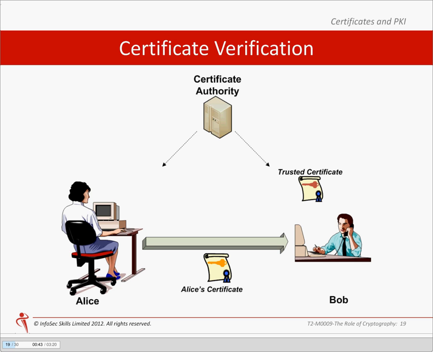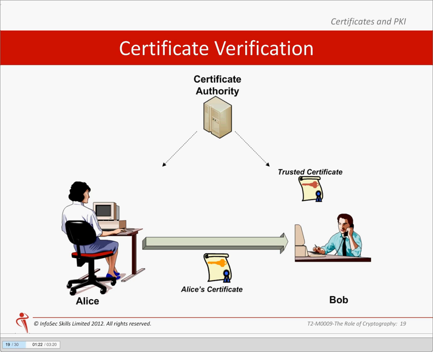The scenario we will go through is based on Alice wishing to send Bob a digitally signed message. So the processing is as follows. Bob obtains the CA's public key in the form of the CA's trusted certificate. Alice digitally signs a message that she wishes to send to Bob using her private key. She sends Bob the message, the digital signature of the message, and also her public certificate, which, as we know, is mathematically linked to the private key used to sign the message.